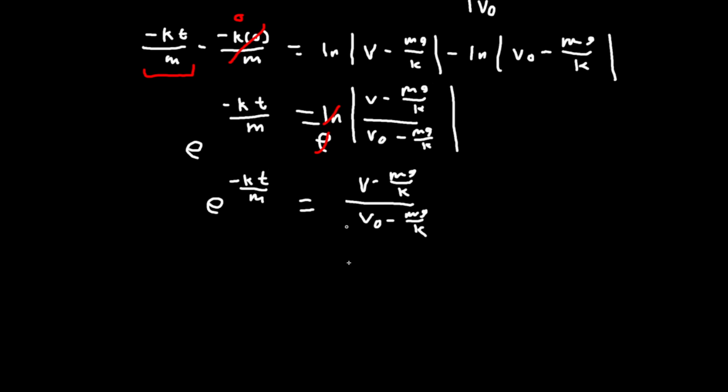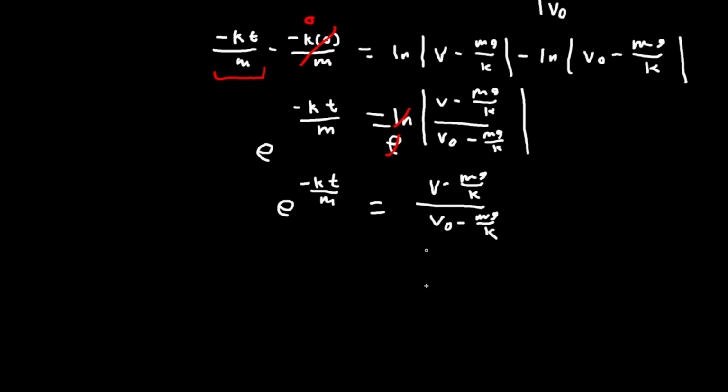So this expression, I'm going to spare you all the algebra, but it would pretty simply simplify to mg over k plus v naught minus mg over k, times e to the negative kt over m, equals the velocity right here.